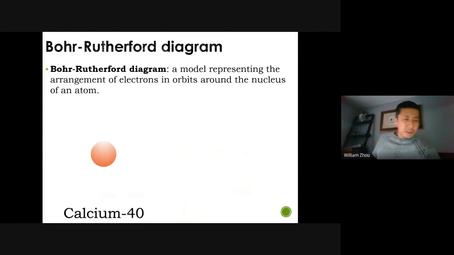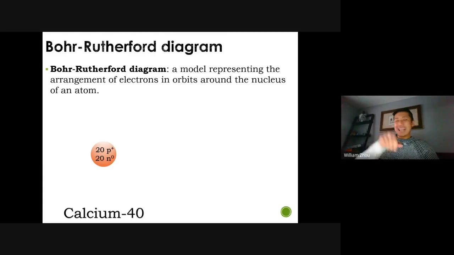So you start with the nucleus. You draw a circle for the nucleus. That's it. That's the nucleus right there. Inside the nucleus, it depends on what you're drawing. In this case, we're drawing calcium-40. How many protons do calcium atoms have? If you just look on the periodic table, element number 20 is calcium. That means you have 20 protons.